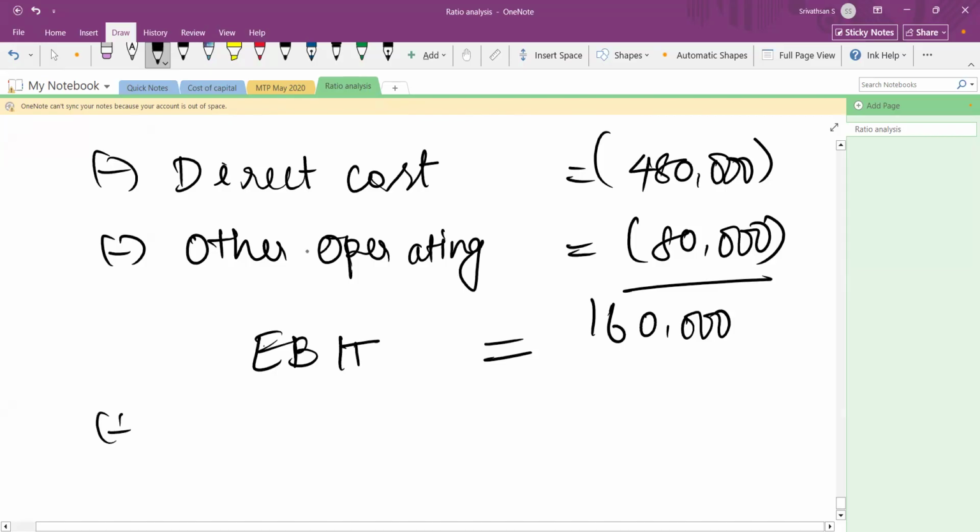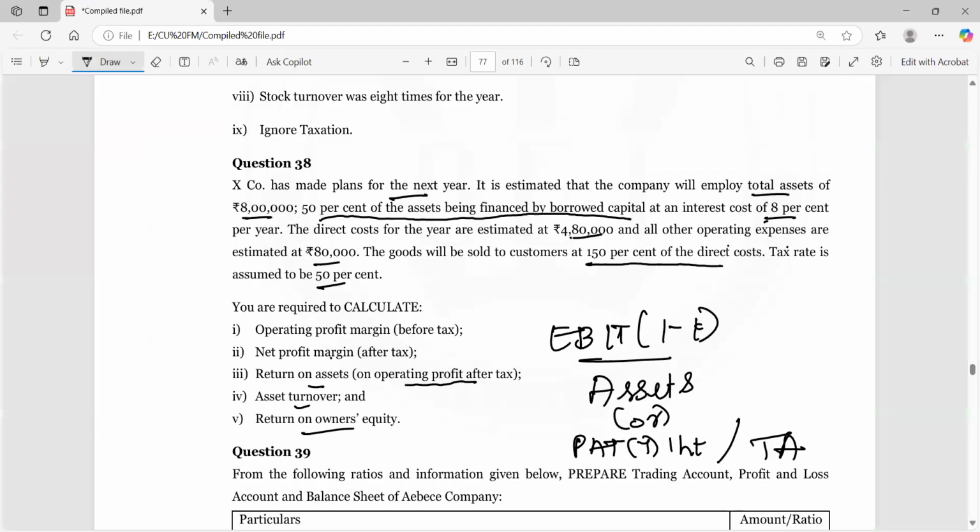From EBIT, what do you need to subtract? Interest. What is the amount of debt given in the question? 50% of total asset, which is 4 lakhs, right? So what is the amount of interest? The percentage is 8%. So 4 lakh, 8%, we get 32,000. You're all understanding how 32,000?